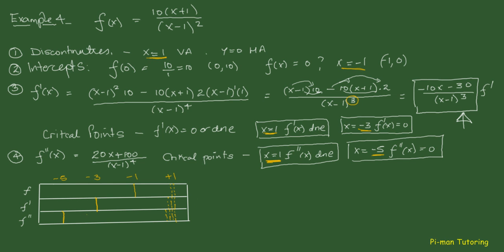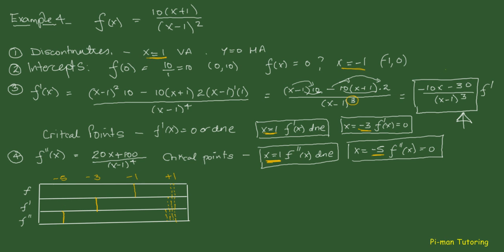And now let's look at the sign of the first derivative in each of these sections. So first of all, to the left of negative 3, let's look at the first derivative function. Let's put in a negative 4, for example.